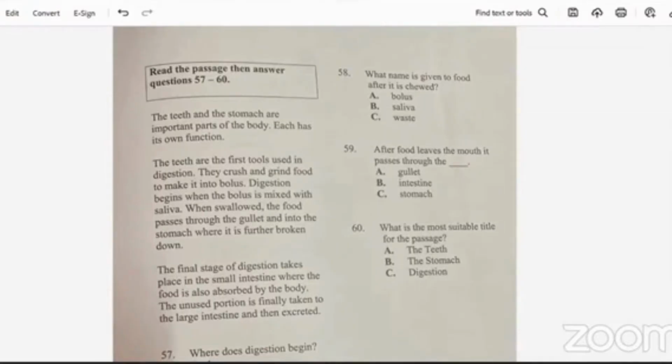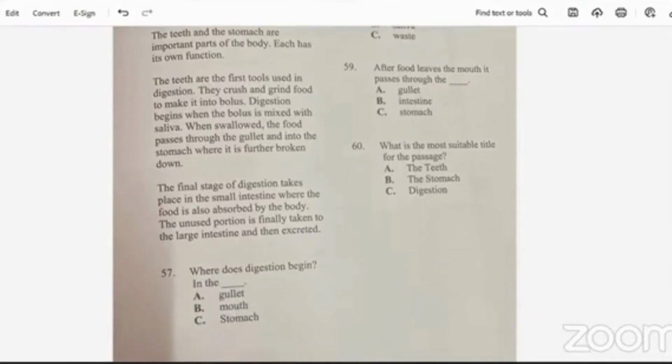Digestion begins where the bolus is mixed with saliva. When swallowed, the food passes through the gullet and into the stomach where it is further broken down. The final stage of digestion takes place in the small intestine, where the food is also absorbed by the body. The unused portion is finally taken to the large intestine and then excreted.